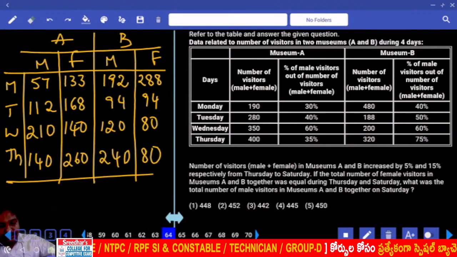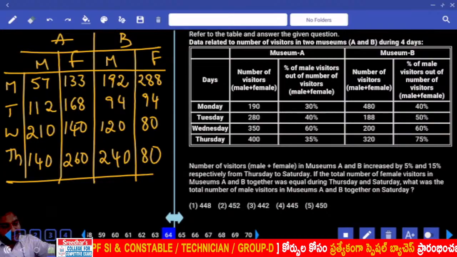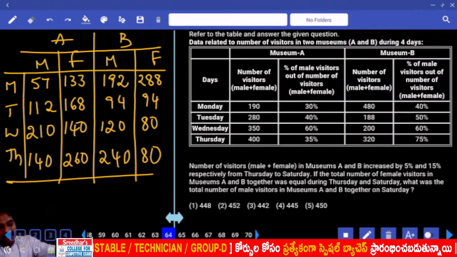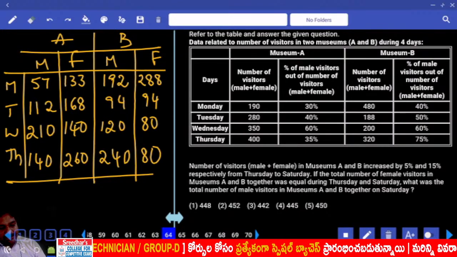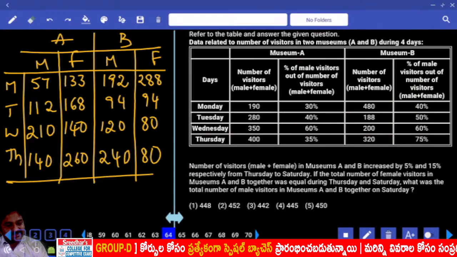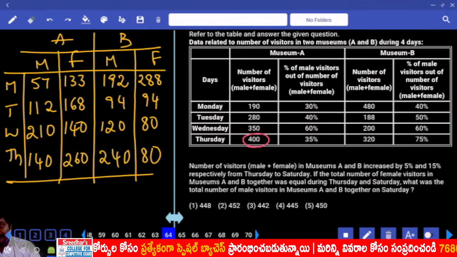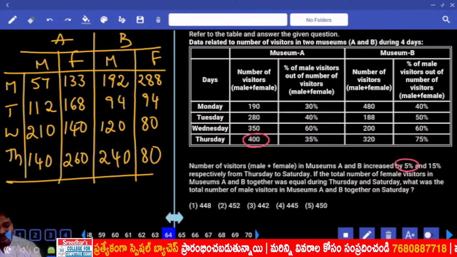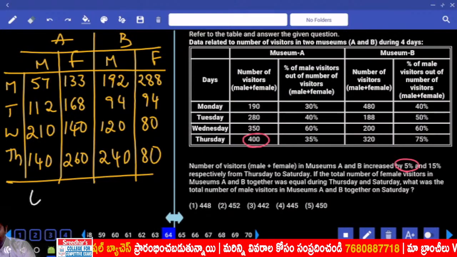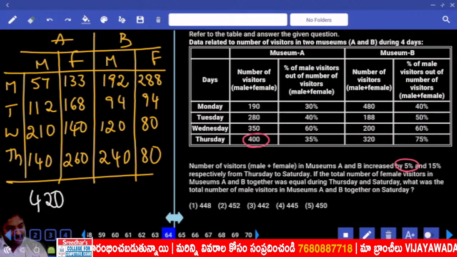Number of visitors in Museum A and B increased by 5%, 15% respectively from Thursday to Saturday. Total visitors in Museum A 400, increased by 5%, they become 420.